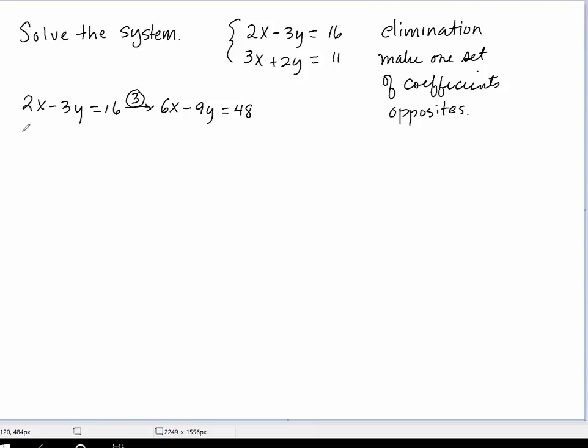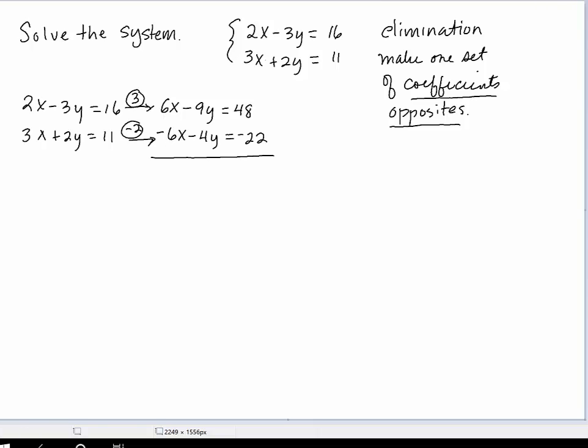Now I want to take the second equation and multiply it by negative 2, because if I multiply it by negative 2, I'll get negative 6x minus 4y equals negative 22. And now I have accomplished my goal because one of my sets of coefficients are now opposites, because I have a 6 in the first one and a negative 6 in the second one.